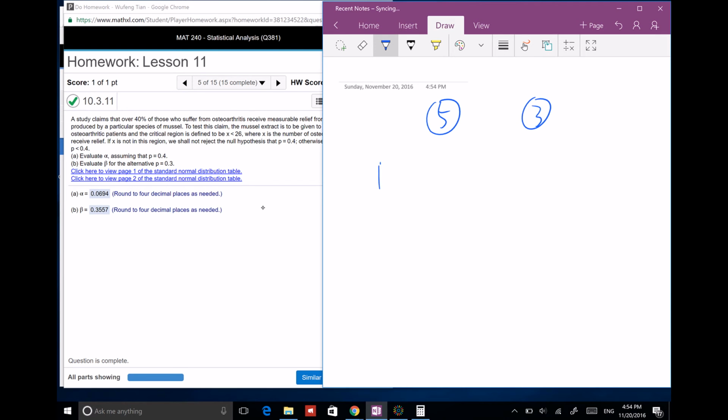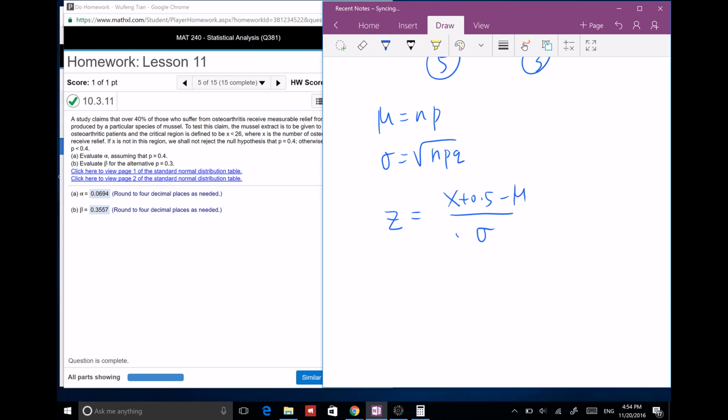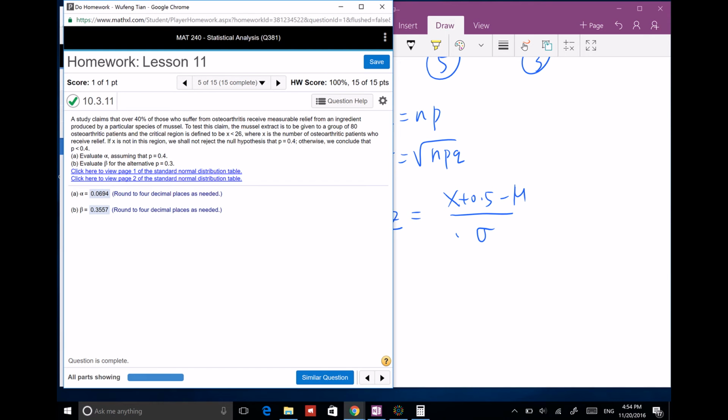You need to find out mu equals np and sigma equals square root of npq, and then you use z equals x plus 0.5 minus mu over sigma, and find the z1, z2. So alpha is the rejection area. So this one is much simpler. Actually, it says less than 26.